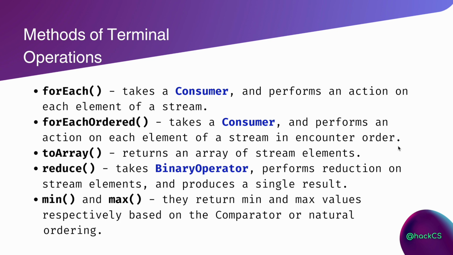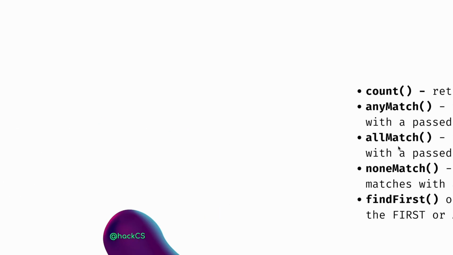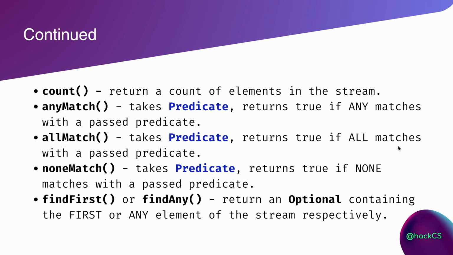Okay, I know this is too much theory, but just wait, because this will help you understand things better. And if an interviewer asks you and you say all these things in the interview, no one can beat you. So count is also a terminal operation, which returns the number of elements present in a stream. anyMatch, allMatch, noneMatch are moreover like an if statement.